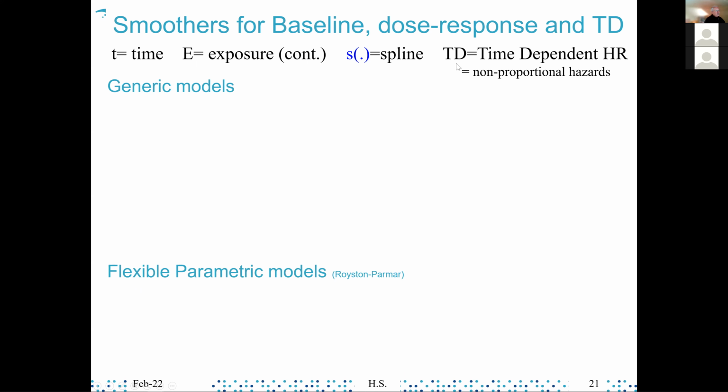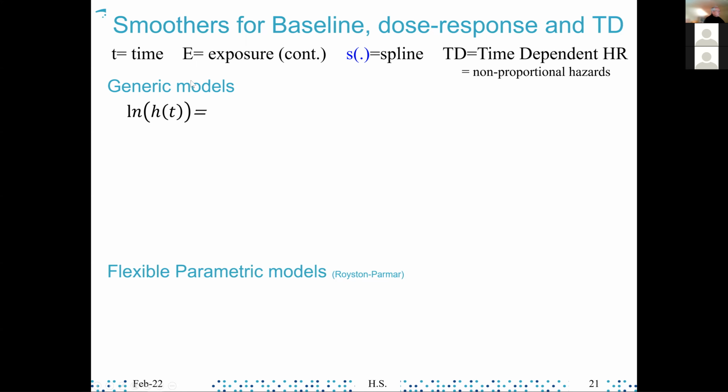And TD stands for time-dependent hazard ratios, which is the same as non-proportional hazards or a non-proportional model. So I'm trying to show you what I could call a generic model. It's not a real model I'm showing. I'm just saying that maybe the hazard could be a simple equation.